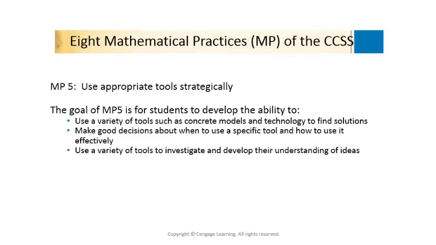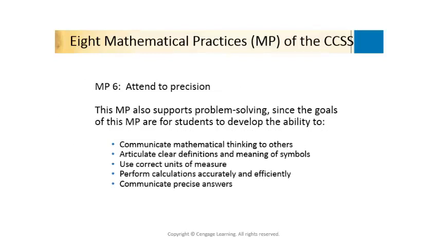Sometimes graphing would be the only way for some students to make sense of exactly what's going on in a problem. In practice number 6, this is about word problems and problem solving and being able to interpret what's going on in a word problem, and making sure that everything that's within this is clear and concise in that problem.